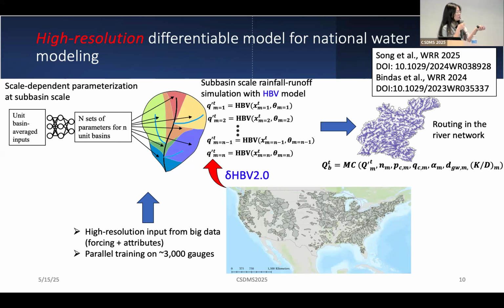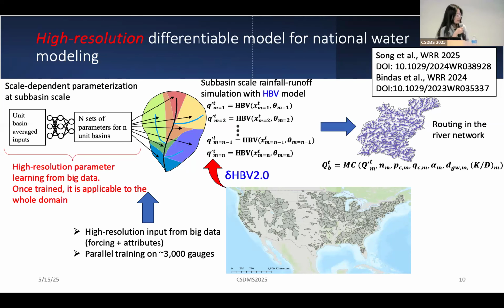Then we use high-resolution input from big data, like all the forcings and attributes at the unit basins, and train this model on 3,000 gauges. Once this model is trained, we have a neural network representing the high-resolution relationship between the high-resolution input data and the parameters for the unit basins, and it is applicable to the whole domain.